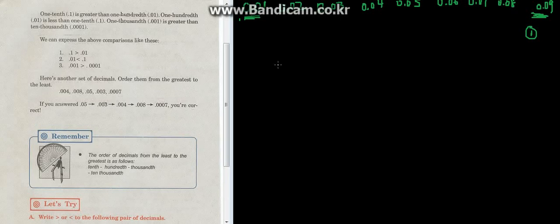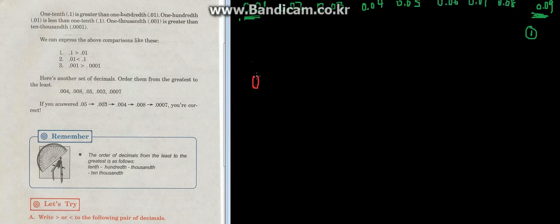Okay, so this is the second part of example 3, and the book is giving you 3 numbers. You have 1/10, and then 1/100, and then 1/1,000, and then 1/10,000.